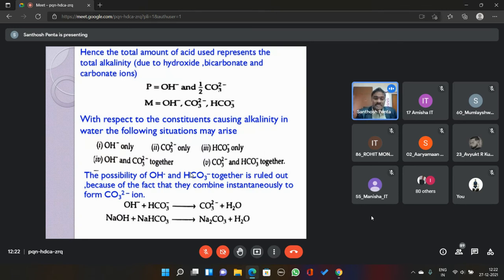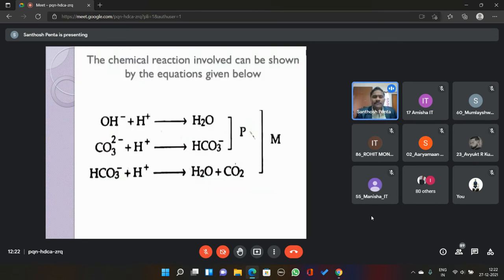Another logic I would like to add. Let us assume that the water has caustic alkalinity of carbonate ions alone.